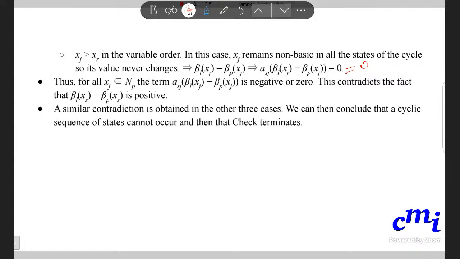I think it is possible that the same basic set can appear in one of the states during the procedure. But the assignments won't be the same. Then beta t won't be the same. Exactly. That's the question I was going to pose.